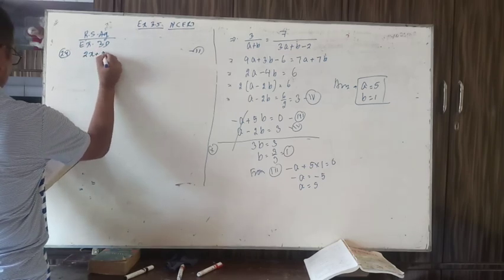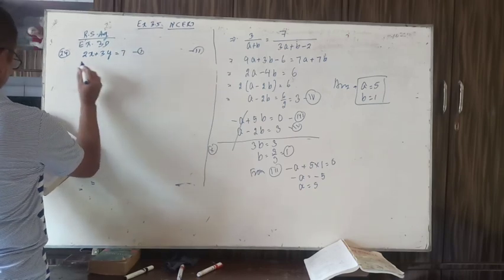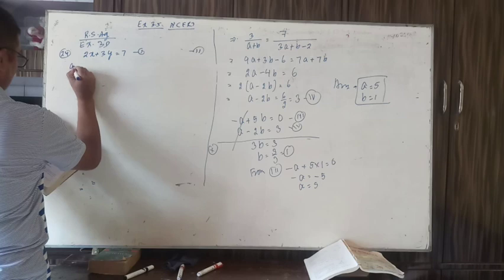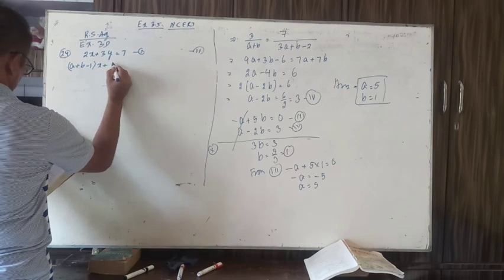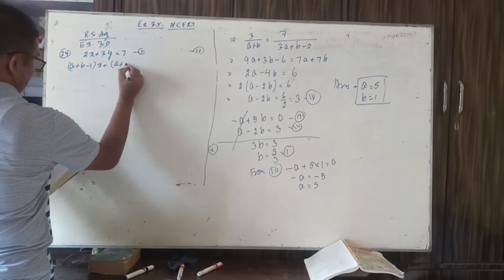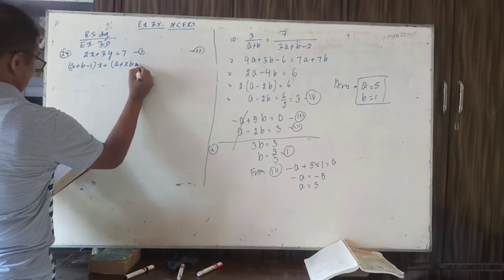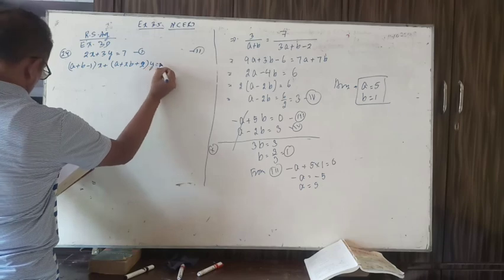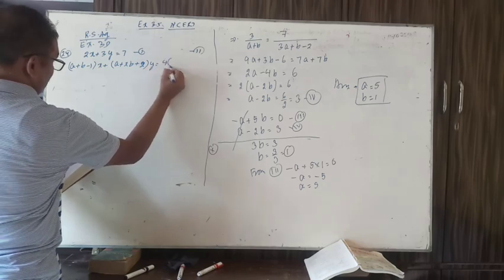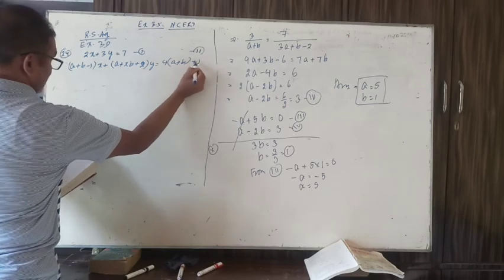2x plus 3y is equal to 7, (a plus b plus 1)x plus (a plus 2b plus 2)y is equal to 4 into (a plus b plus 1).